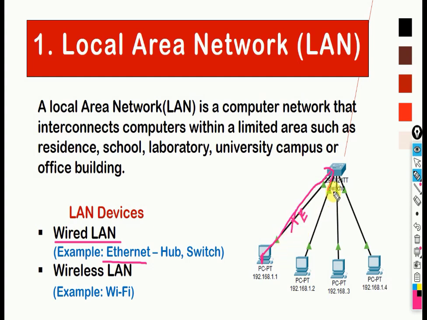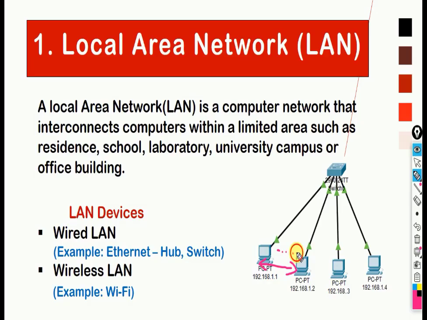Switch and computers are different kinds of devices, so we need to use Ethernet straight through cable. In case we want to connect this computer with this computer directly, then we have to go for Ethernet crossover cable. Whatever it is, Ethernet is the well-known and the most popular technology in wired LAN.